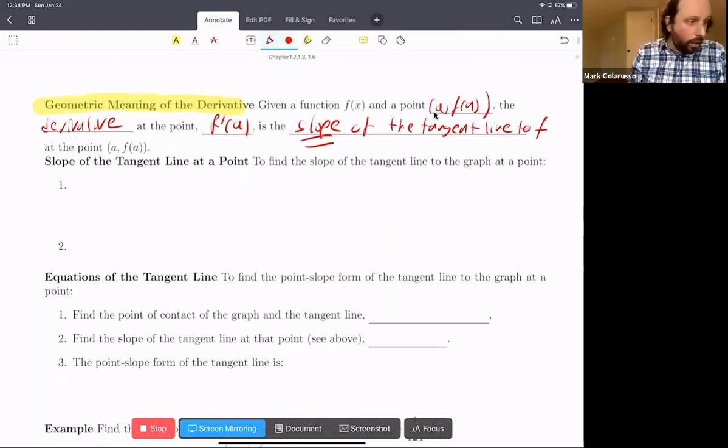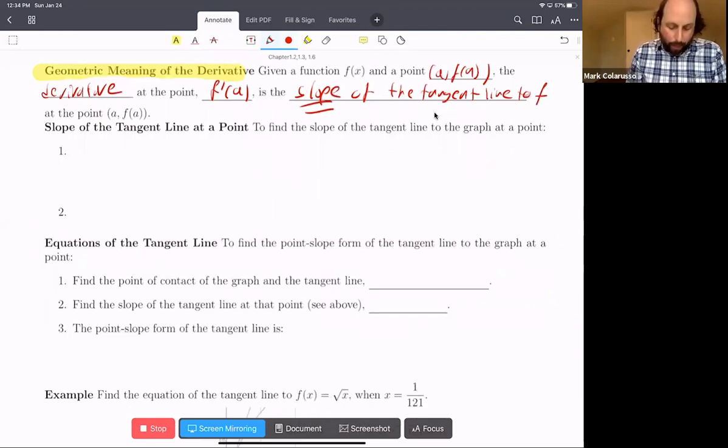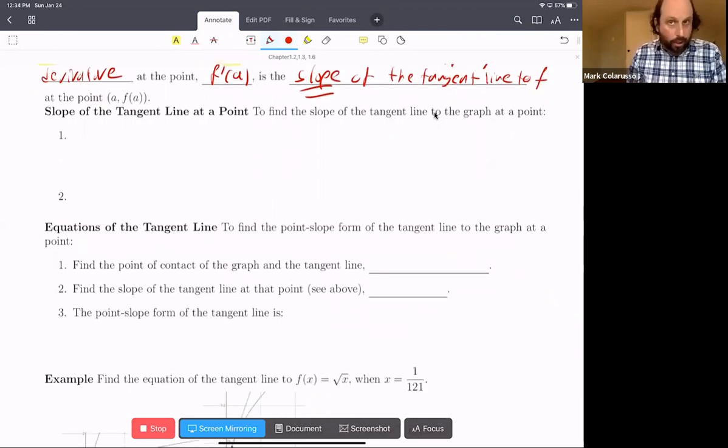Okay, so given these rules, we have a way of finding the equation of the tangent line at any point on a graph, so long as we can apply one of these rules.